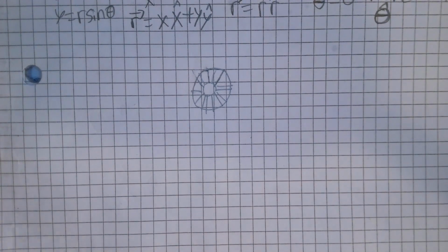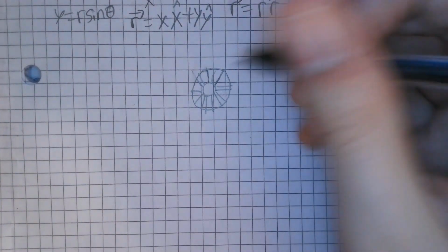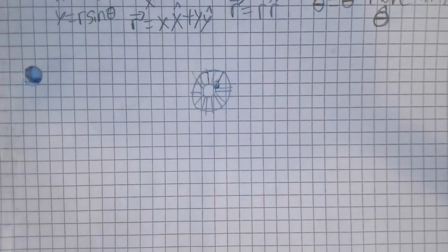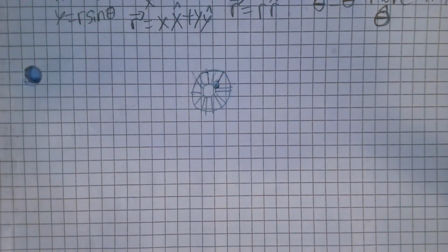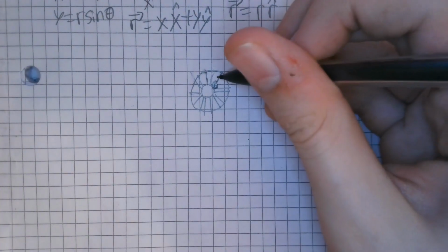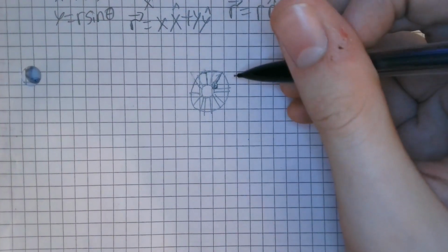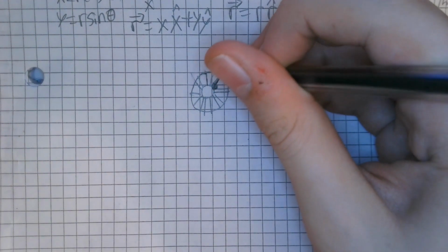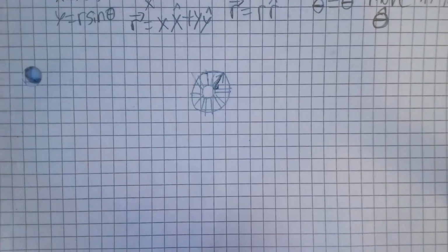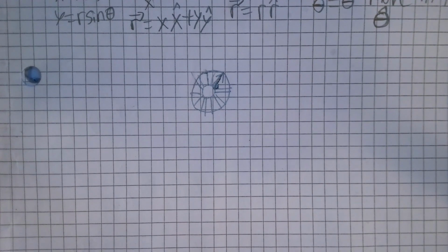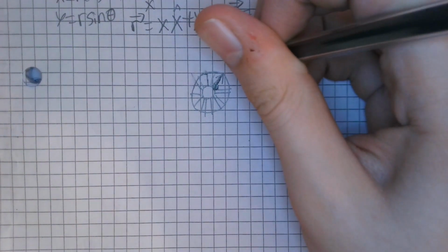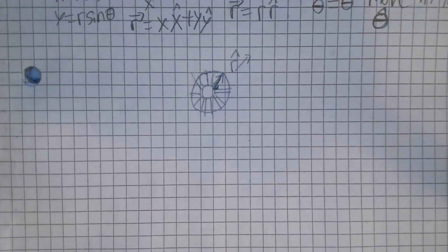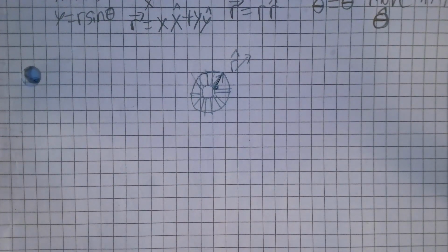Okay. But on one of these spokes, there's this little dot I'm drawing in that's a bead, okay? And the bead is going to move that way. You can't really see that vector. Let me try to make that a little bit darker. Okay? It's going to move in this way, which I will call the r hat at this time. Now, you can imagine the wheel turns, right?